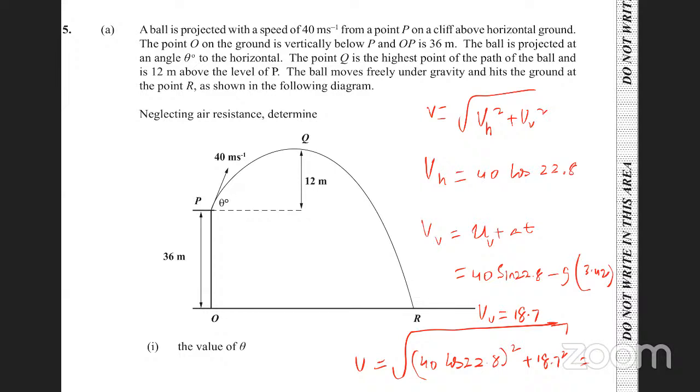Okay? And when you solve this, you'll end up with how much? Right? So if you remember, for you to get velocity at any point, you have to use this relationship here.